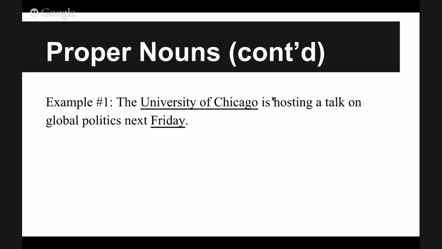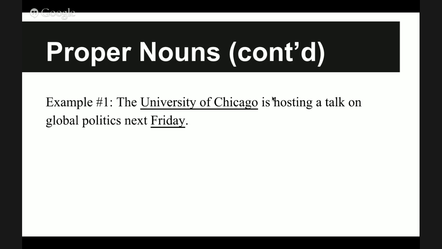However, the University of Chicago is a specific place, okay? When I refer to it, I'm referring to no other place besides the university that is located in Hyde Park on the south side of Chicago, the University of Chicago. There is no substitute for that. Therefore, it is capitalized.